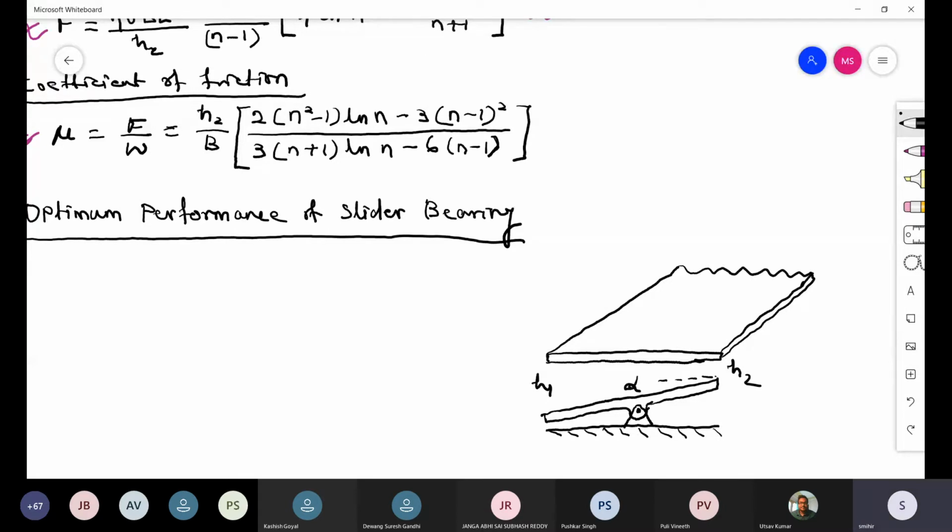Okay, now see the same bearing. What I did, the bottom part, the inclined part was fixed. So I put a pivot here. So that means depending on the application of load and the value of U, the pivot is now allowed to change its inclination. So H1 will change, angle alpha will change. So based on the loading and velocity, these things will change.